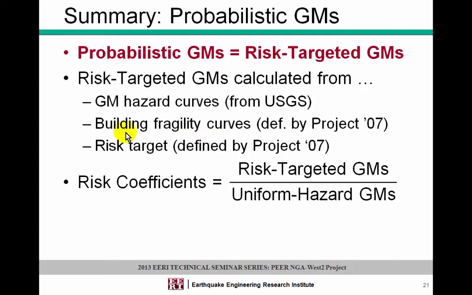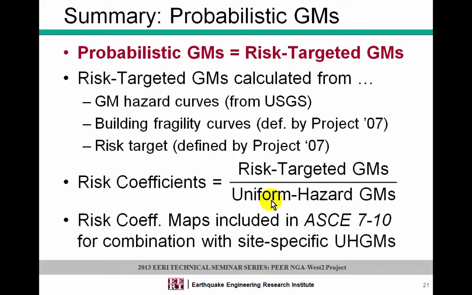All right, and so risk coefficients are this ratio of the risk-targeted ground motions to uniform hazard ground motions. And I mentioned that because if you are looking at the site-specific procedure of ASC 710, you'll find risk coefficient maps in there. And they're in there for kind of combination with site-specific uniform hazard ground motions for an approximate way of getting at risk-targeted ground motions.